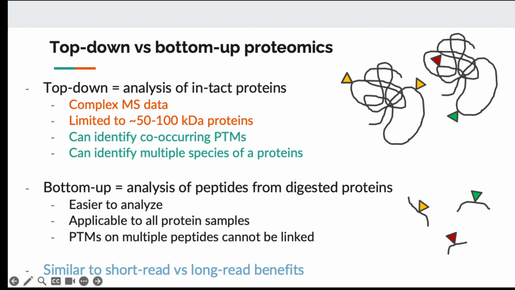But to analyze protein as an intact molecule, if it's larger than, let's say, 50 to 100 kilodalton, then you probably cannot interpret the mass spectrum, because it will be too complex. So there's some limitation there. So it's a trade-off between the difficulty in the analysis versus the ability to distinguish protein species.